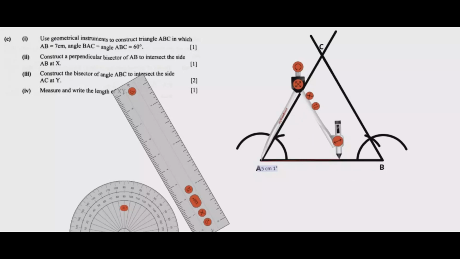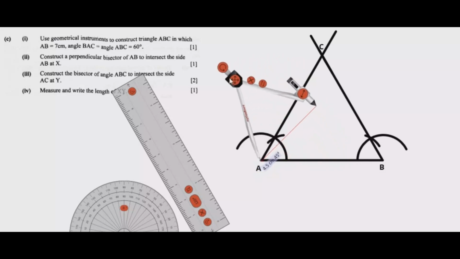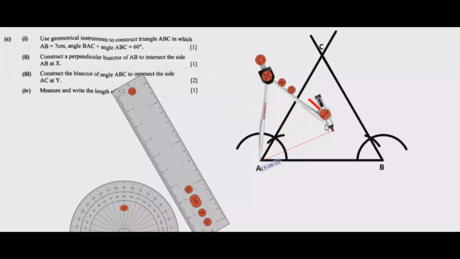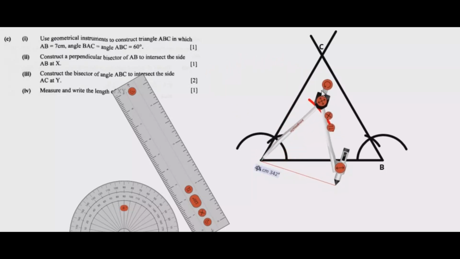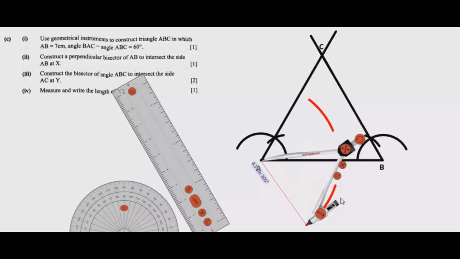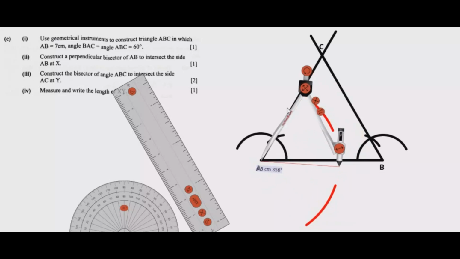So what I'm going to do now is come up with the arcs that are going to help us to construct a perpendicular bisector of AB. I'm going to draw simple arcs here. Let me make sure that they are a bit longer so that when we are trying to intersect them, they intersect without difficulties. Again we draw like that. Then we're going to change the points.